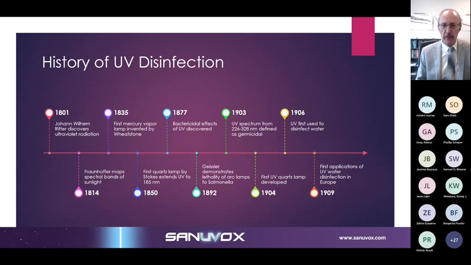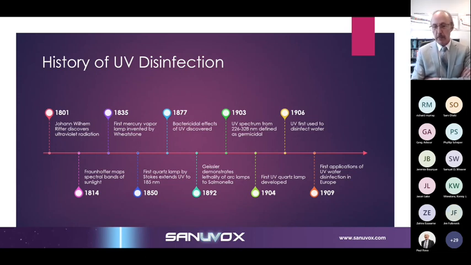Fraunhofer mapped the spectral bands, and Wheatstone, famous Dr. Wheatstone, produced the first mercury vapor lamp for research purposes. Stokes, the famous Mr. Stokes, developed the quartz lamp for experimental applications. In 1877, the bacterial effects of UV were discovered, and that began the history of UV disinfection.